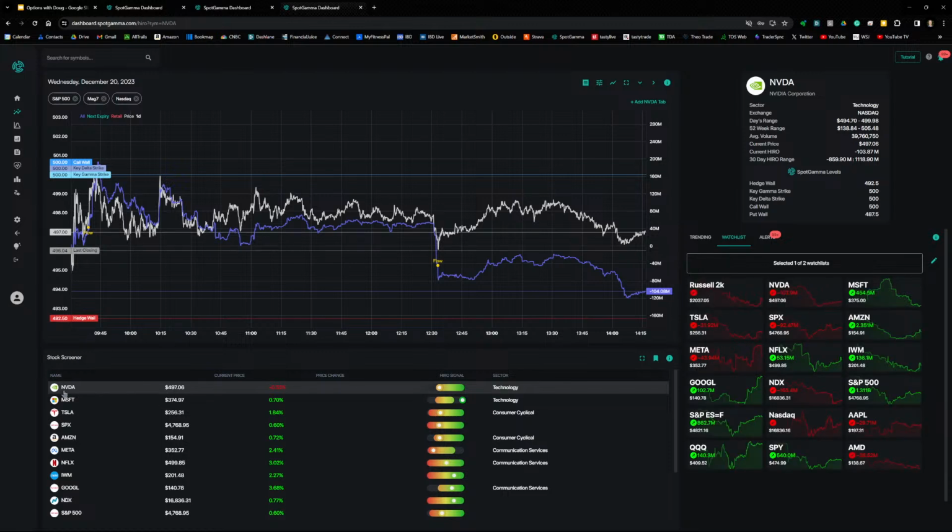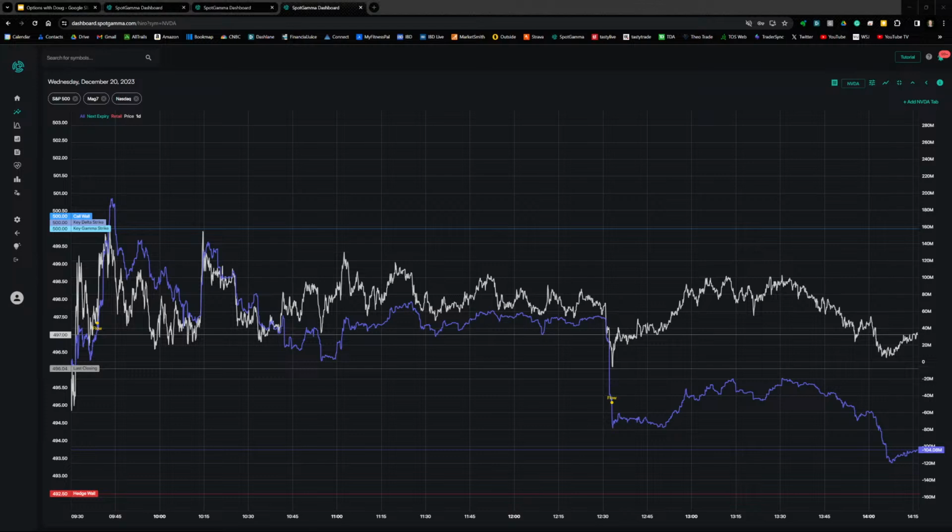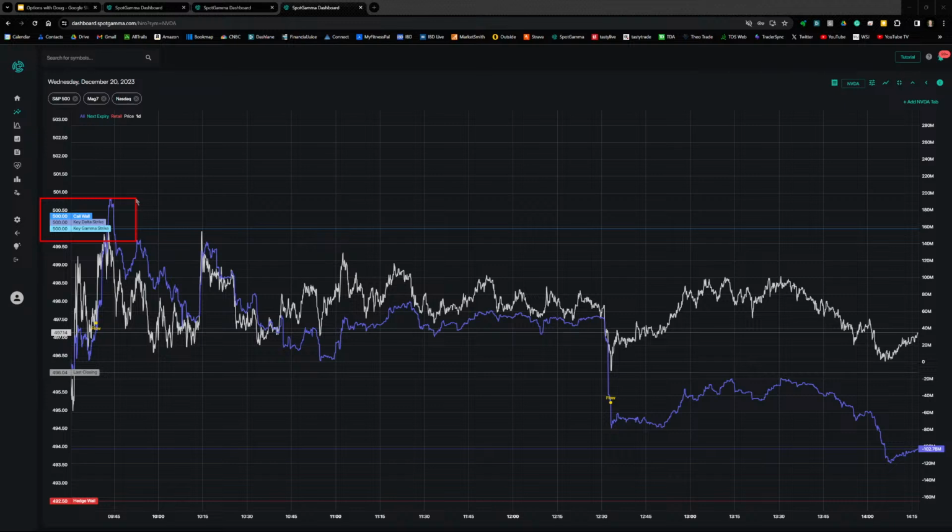All right, so here's NVIDIA. Again, sticking with the theme of the day, call walls acting as resistance for NVIDIA. Let's go take a look at Bookmap.